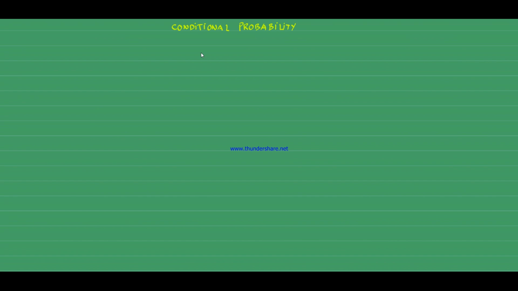So let me repeat it. The sample space of the event we do probability on is restricted by the outcome, by the occurrence, I can say, of another event. So the notation for the conditional probability of an event restricted by another event is written as P. P represents probability, so we use a different color here.